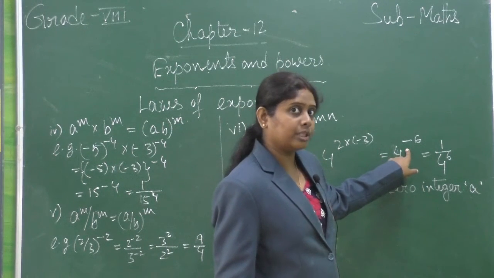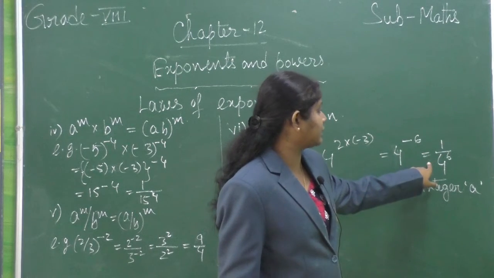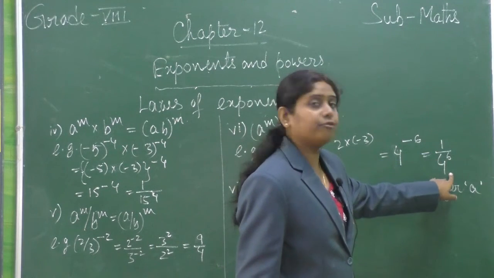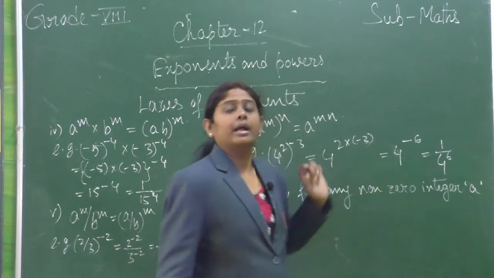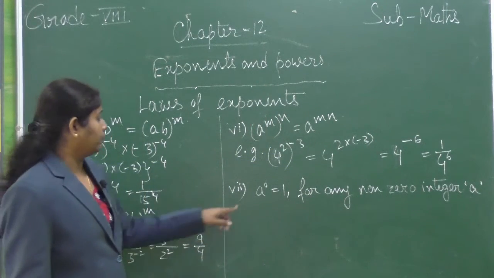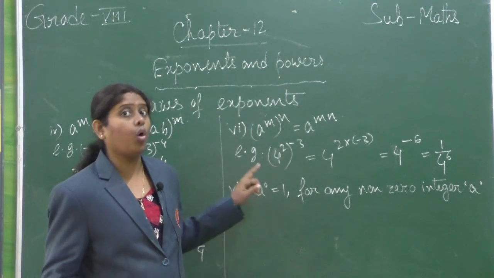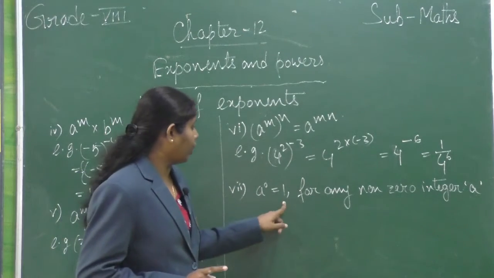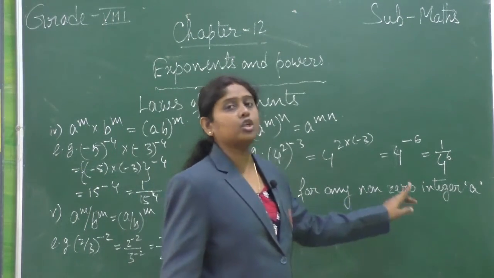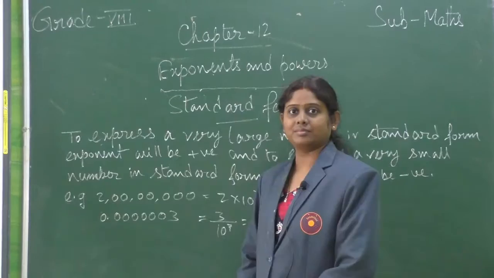If we take positive in the exponent, then we will get the reciprocal of this, 1 by 4 to the power 6. Come to the last law. a to the power 0 always gives you 1 for any non-zero integer a.